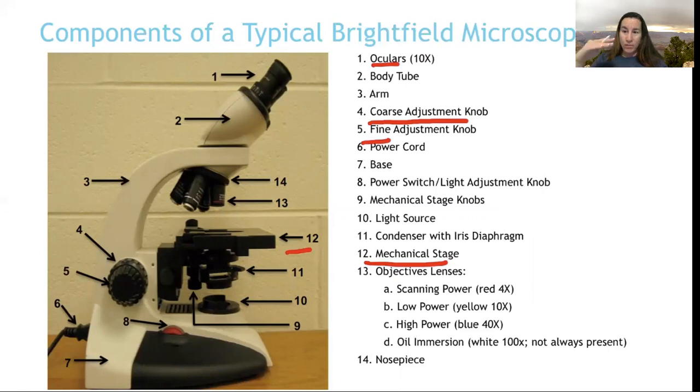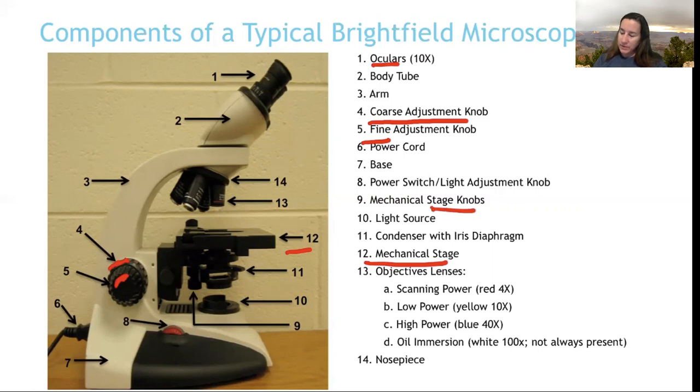Coarse is going to move it a whole bunch real fast, and then the fine focus is the little bits when you're trying to just get in that nice resolution. Coarse is the knob on the outside. Fine focus is the inner knob on the inside. You are going to move the slide left and right using your stage knobs. They are going to be right here, stage knobs.